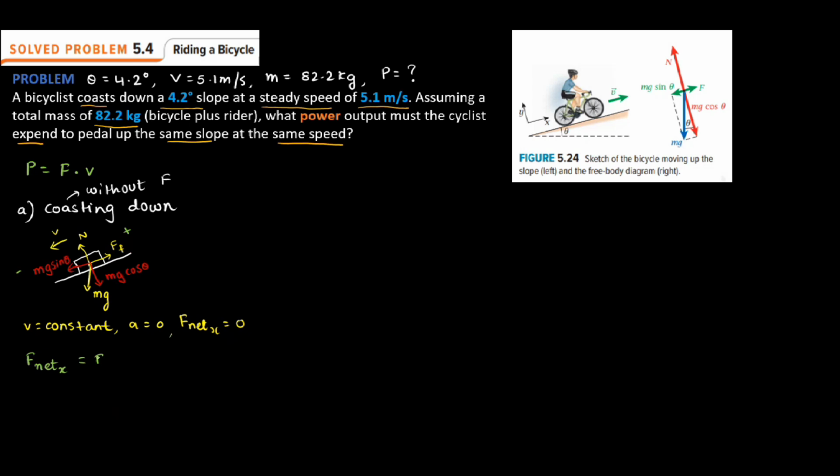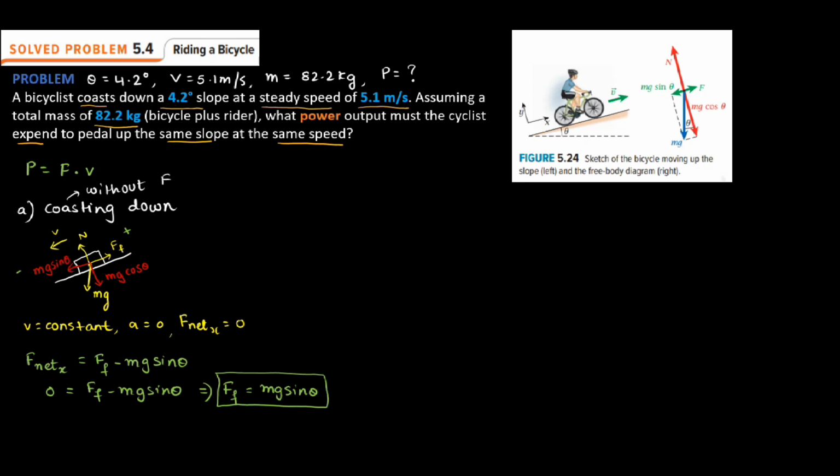So I will write this as force of friction minus mg sine theta. Net force is 0, so force of friction minus mg sine theta is equal to 0. When you rearrange the terms, you can write the force of friction to be equal to mg sine theta.